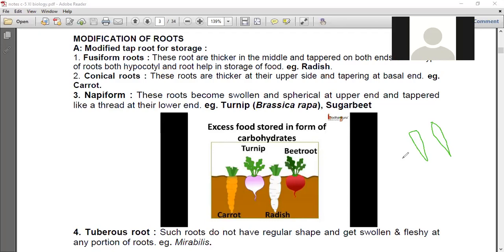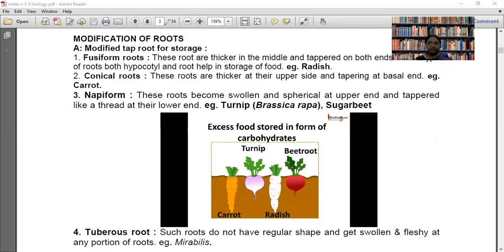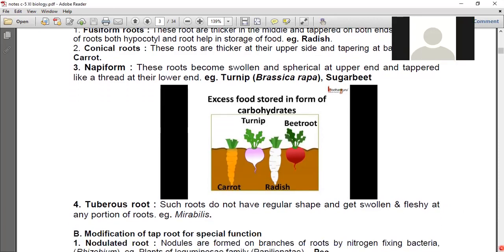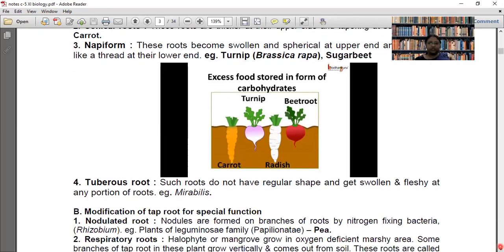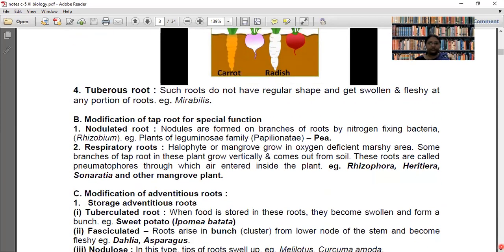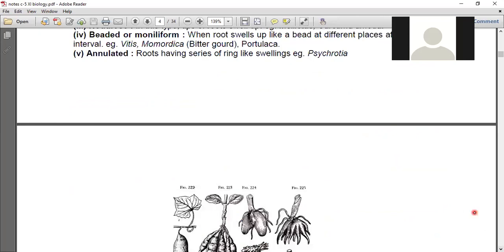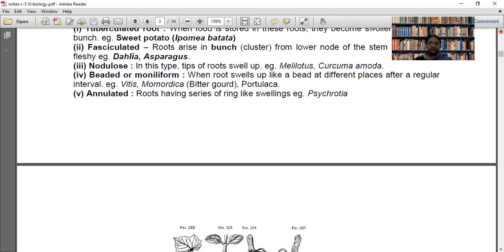Yes, ma'am. So all of these are modification of what? These are modification of the taproot for the purpose of storage.